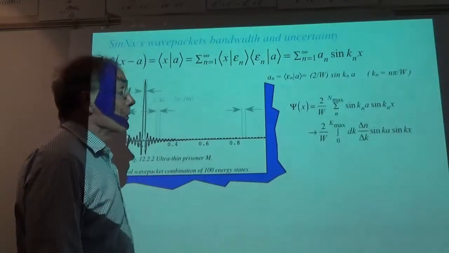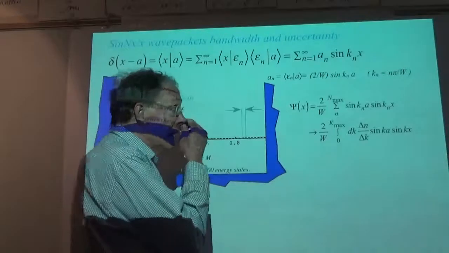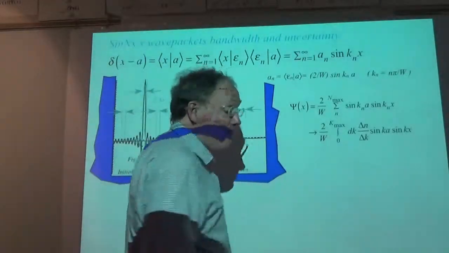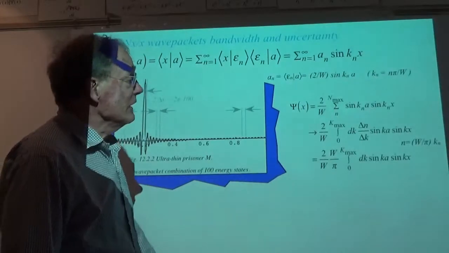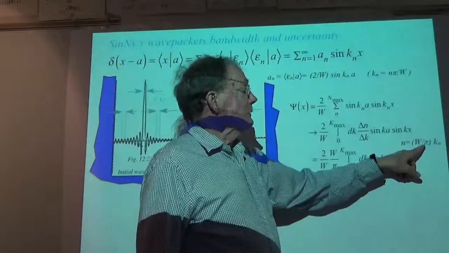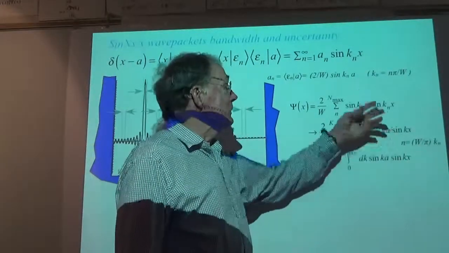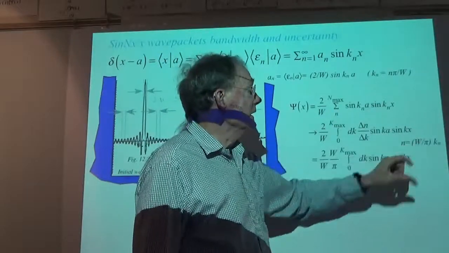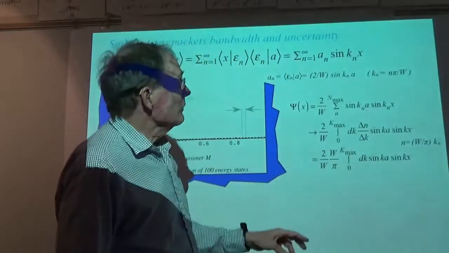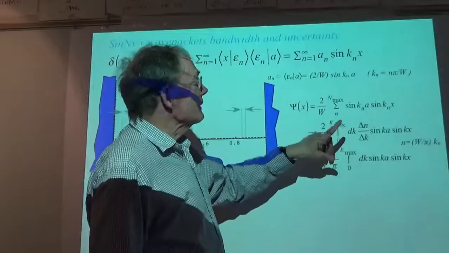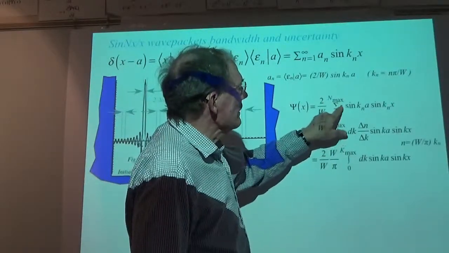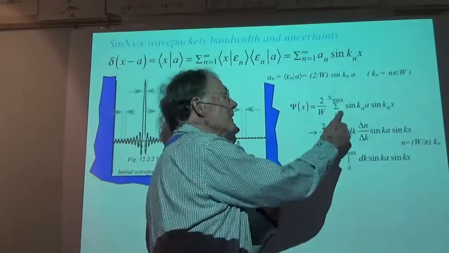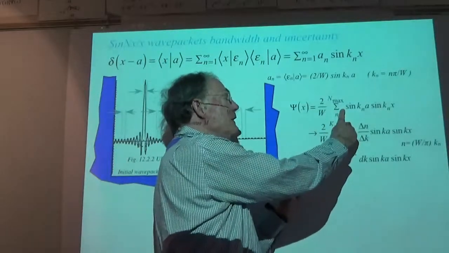Now we're going to replace the sum here. We say n is equal to w k over pi. That's the boundary conditions. And I can replace a delta k, which is a 1 that's not explicit. Imagine I'm summing here delta k times this.